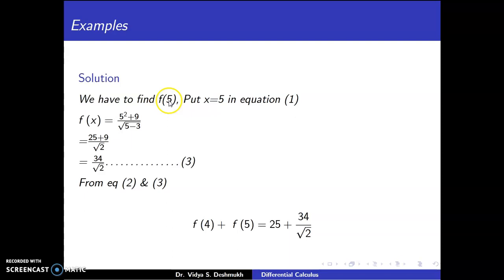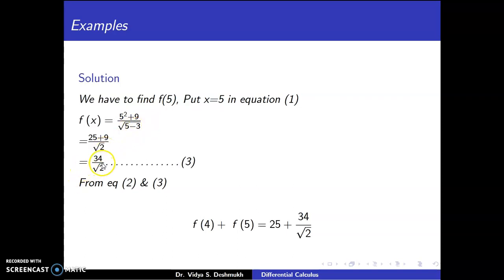Again here we have to find f of 5. So put x is equals to 5 in equation 1. So f of 5 is equals to 5 square plus 9 upon under the root of 5 minus 3. And 5 square is 25 plus 9 as it is upon under root 5 minus 3 is 2 here.